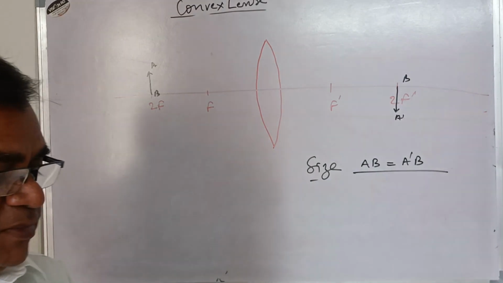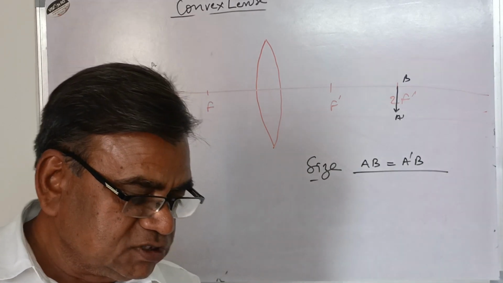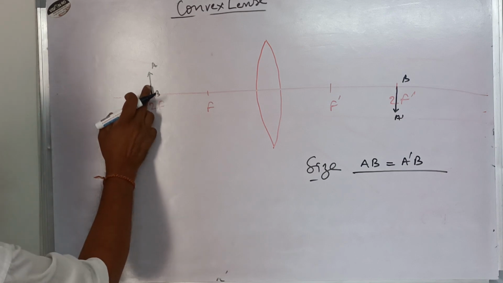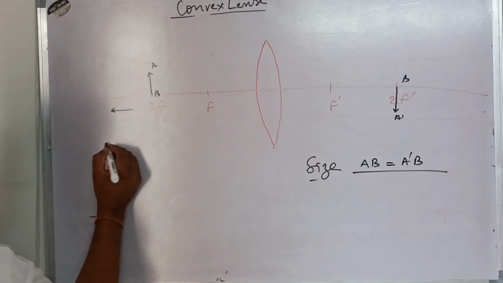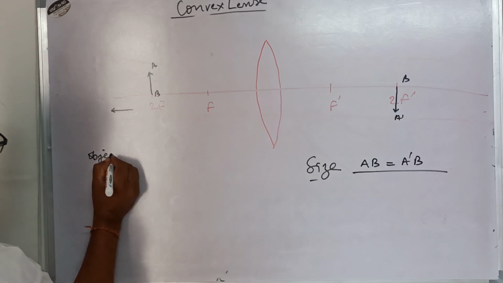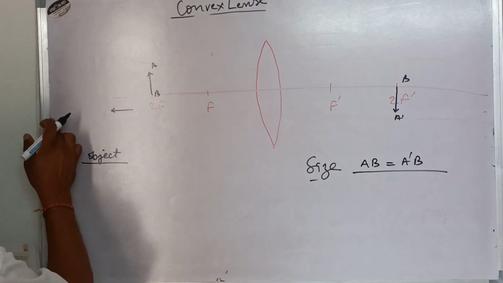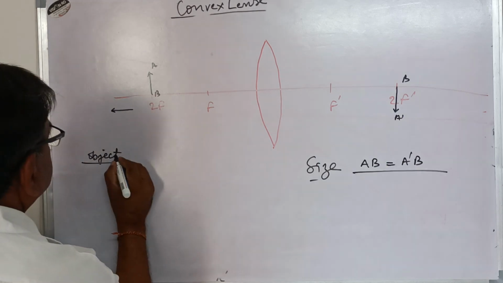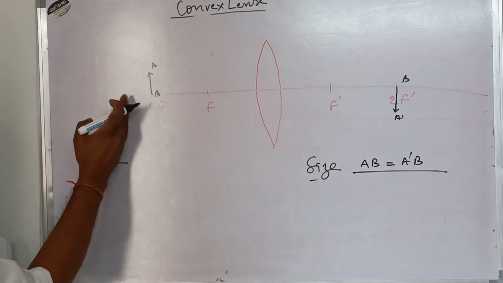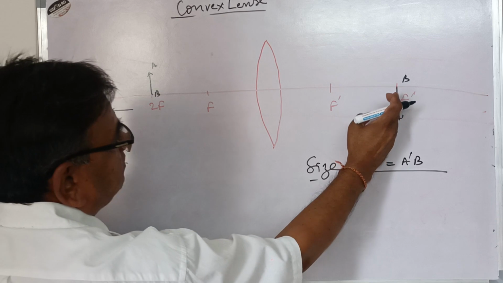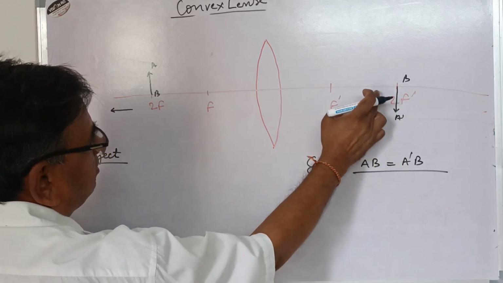It says the image is formed real and diminished, meaning smaller. To make it smaller, you move the object this way, so the object should be on this side, beyond 2f. To get a diminished image, move the object here. When the object is beyond 2f on the left side, the image will shift between 2f dash and f dash, and it will be shorter.